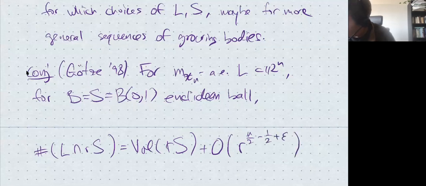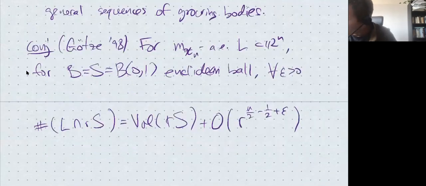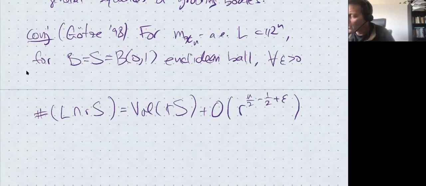Oh, I'm sorry, I should have an epsilon here, for all epsilon. So this is Götze's conjecture.